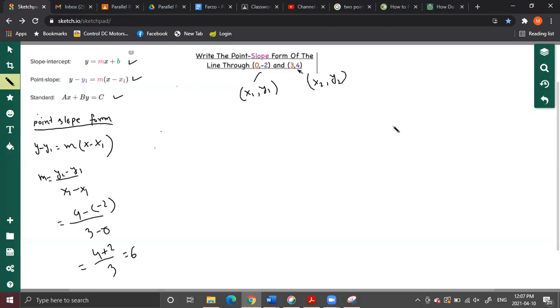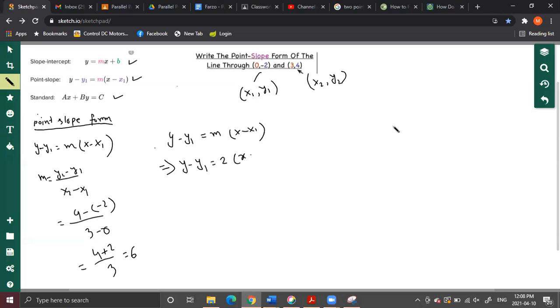So if we try to represent that in point slope form, we'll just substitute this value, and we can take any two points. It doesn't matter, as I told you earlier. So we can take either this point or this point, and we can just substitute it for x1 and y1, and we just found the slope. So I'm going to choose the (3, 4) point. So y minus y1 is equal to m times (x minus x1), and we know the slope is 2.